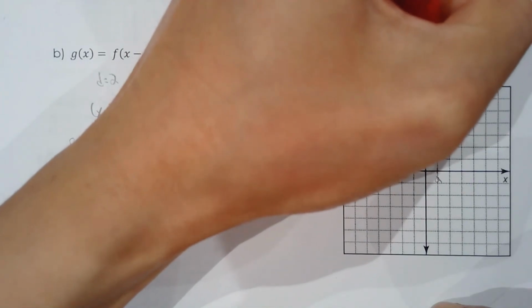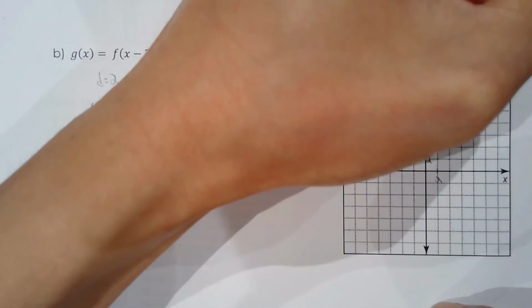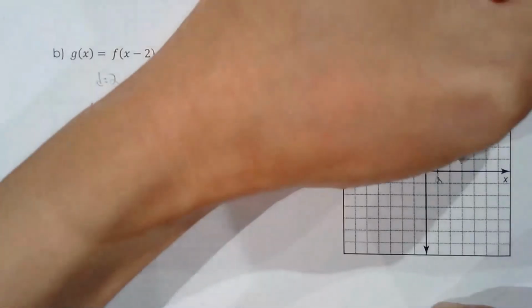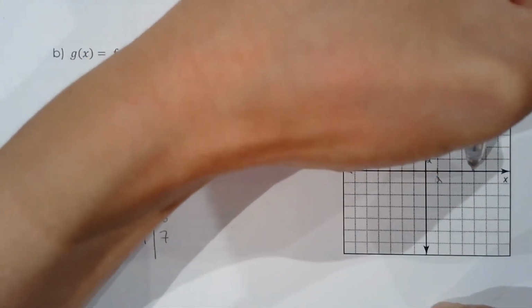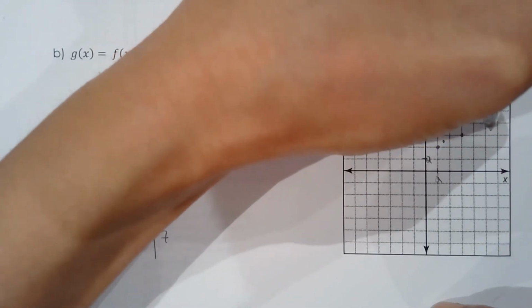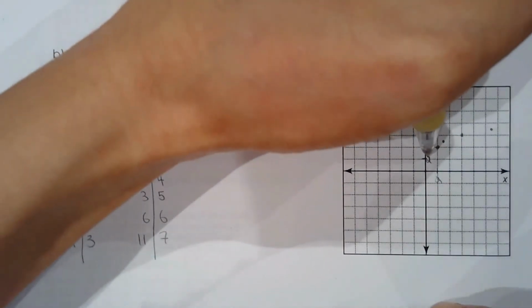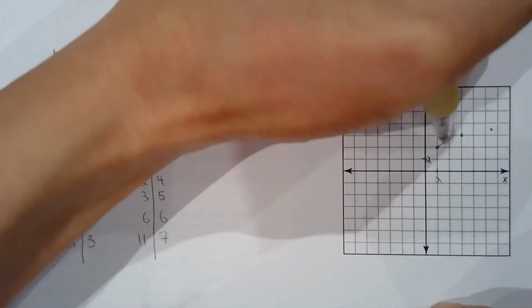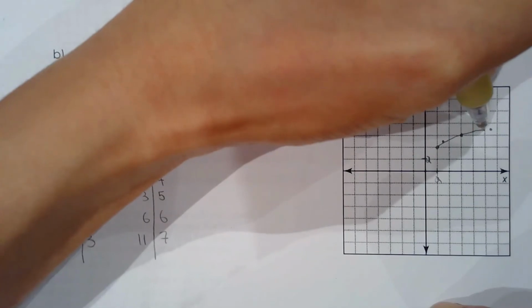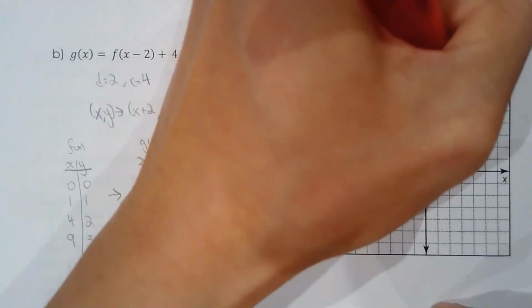So that's 6, 8, 10, 11, 11, 7. Okay. And that's, what is it? g of x. Beautiful. All right. I wish it looked a little prettier, but you know what? I think I can live with it.